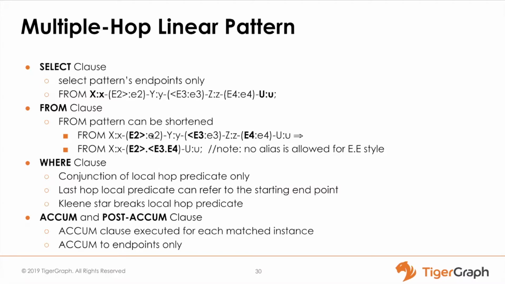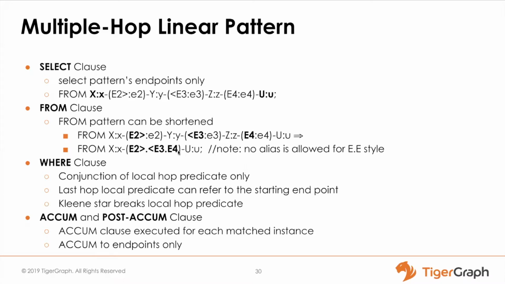If you don't really refer to the edge in your predicate or the accum clause expressions, you don't have to specify the edge alias and the intermediate vertices Y and Z. So here I just concatenate the edge types E2 with E3 and E4 using the dot. So X goes through E2 and goes through E3 and then E4 to reach U. So I ignore the intermediate endpoints to represent this pattern.